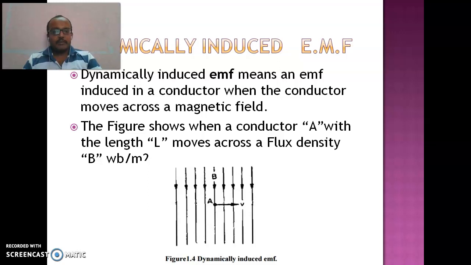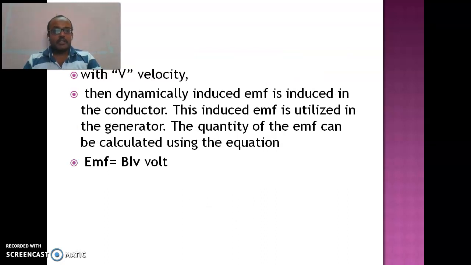In the below figure, A is the conductor with length L, which moves across a flux density of B Webers per meter square with a velocity of V. Then the dynamically induced EMF of the conductor is given by the equation BLV.